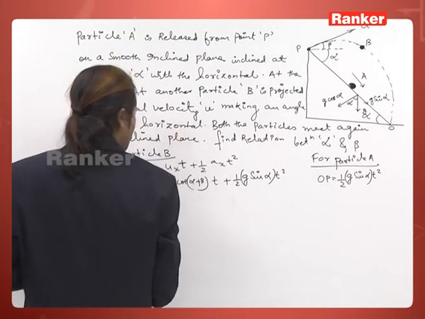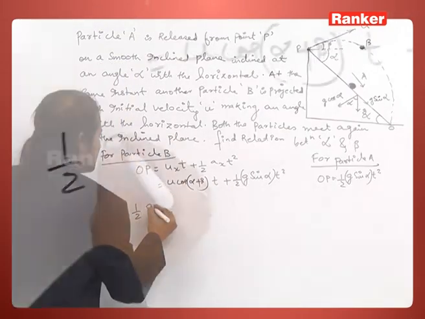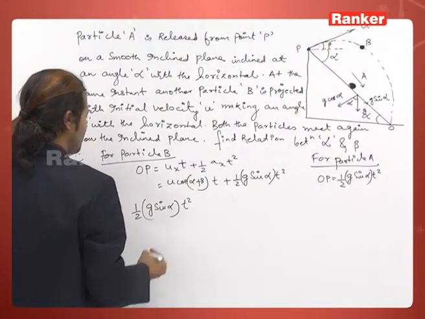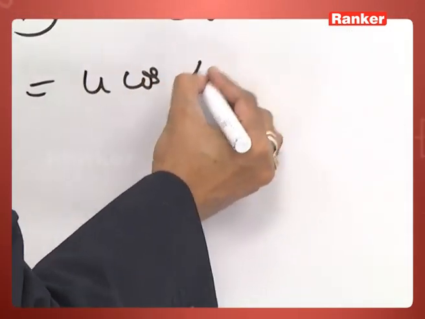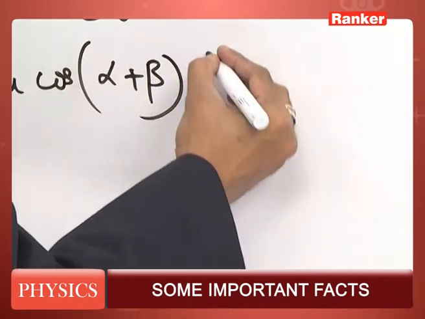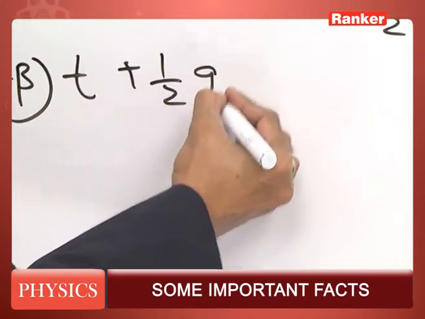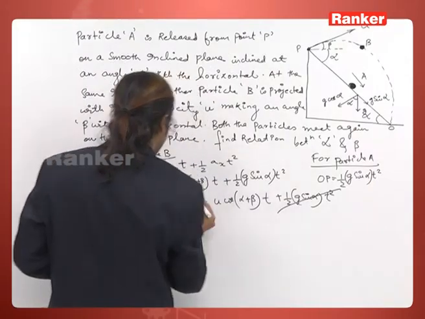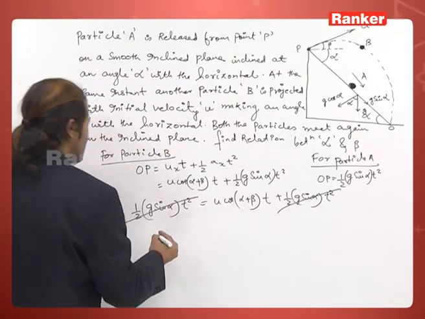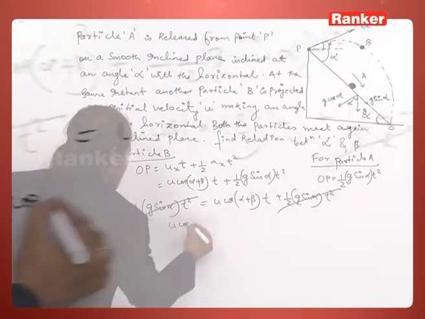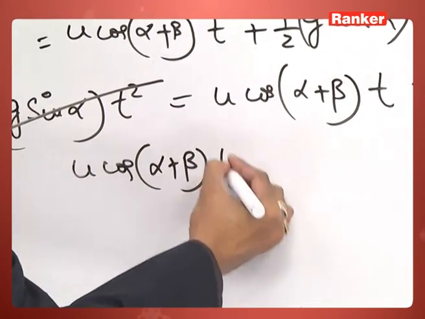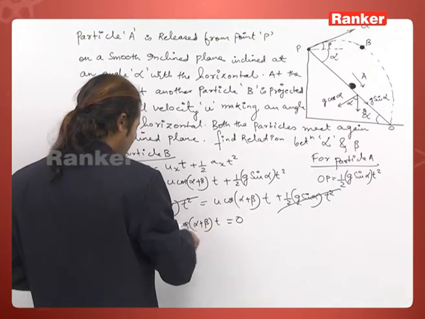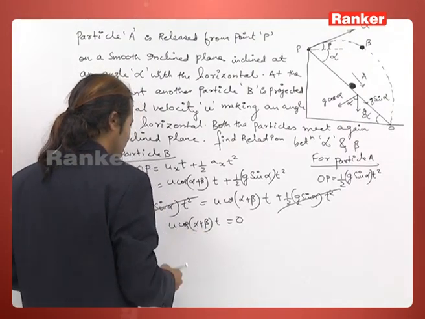So I can equate this: half g sin alpha into t square is equal to u cos(alpha plus beta) into t plus half g sin alpha into t square. So this one and this one cancel. So u cos(alpha plus beta) t is 0, so either t is 0 or this one is 0.